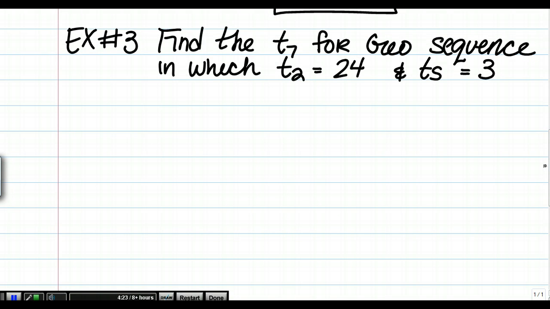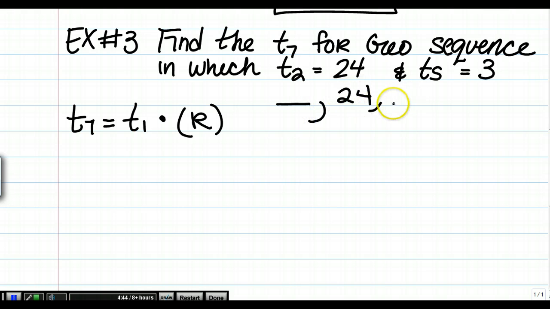This is very similar to last night's notes as well, because when you try to solve for the 7th term using your formula, you would have T7 equals, you don't know what your first term is, you don't know what your r is. My computer's not writing. There we go.